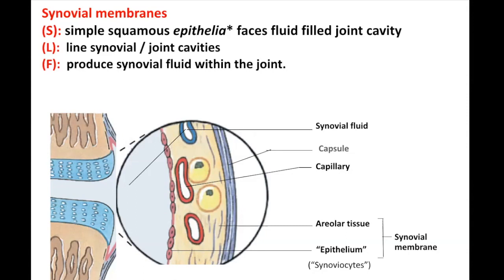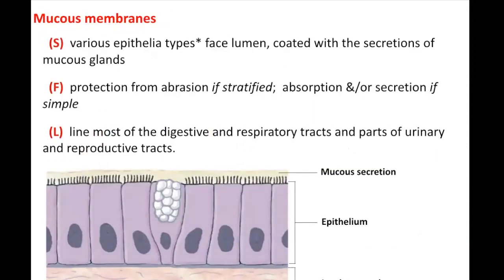Next one we'll encounter in our respiratory system, and then your digestive system, and a few others. This could be a bunch of different types of epithelia, and the characteristic is that there's going to be some sort of secretions from either gland cells or underlying glands that's going to provide a layer of mucus to keep that wet, right? It's inside your body. There's not a danger of dehydration.